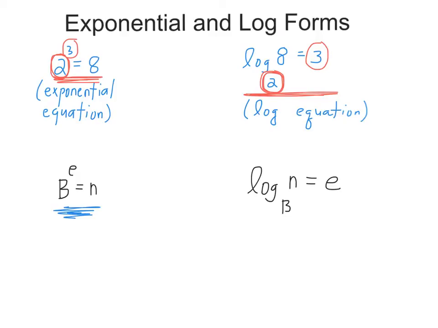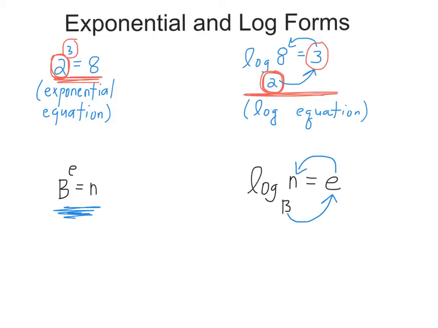Over here in log form, we see the log of some base, and then we draw this cycle of arrows to show you the sequence here. So this base, log base b, if we were to raise it up to the exponent, we would have some number. So log base b of n equals e. Same thing up here, 2 raised up to the third would equal 8.